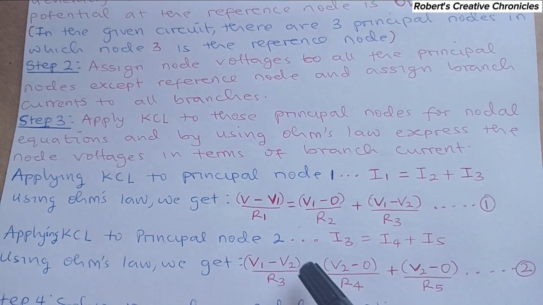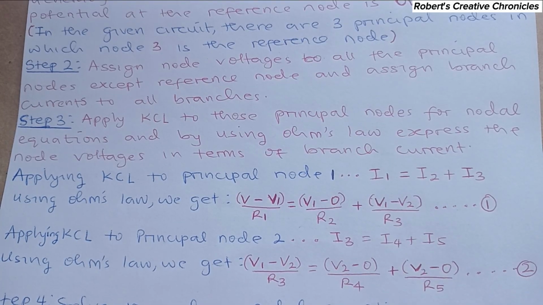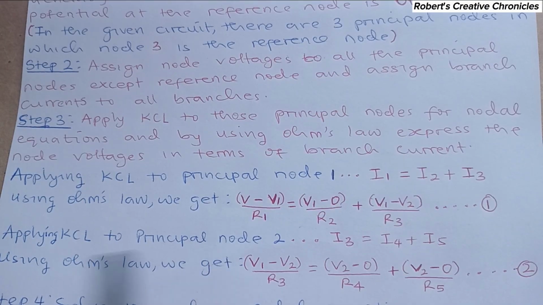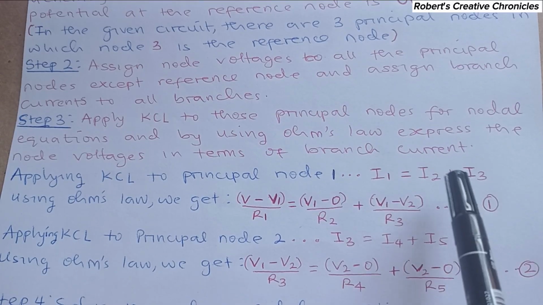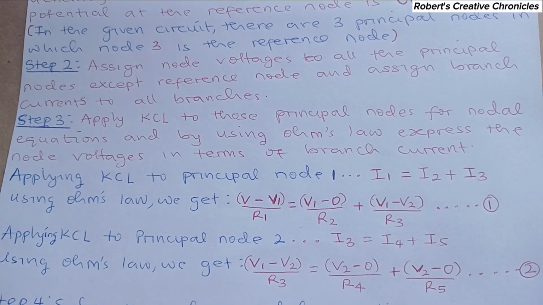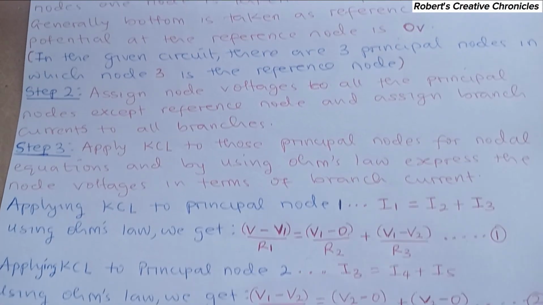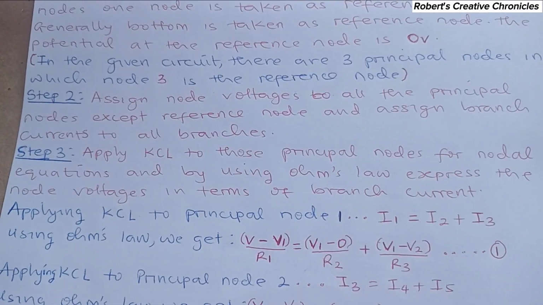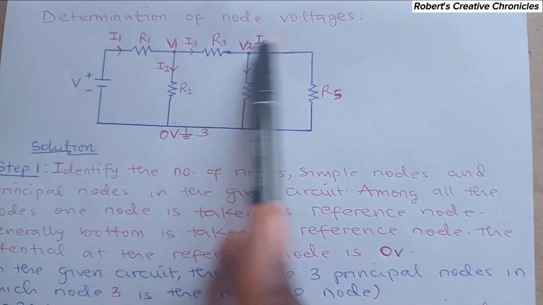Then the second principal node. No matter how many principal nodes there are, you have to apply this KCL and Ohm's law to all of them, and then you solve them as simultaneous equations. So the second one: I3 equals I4 plus I5.